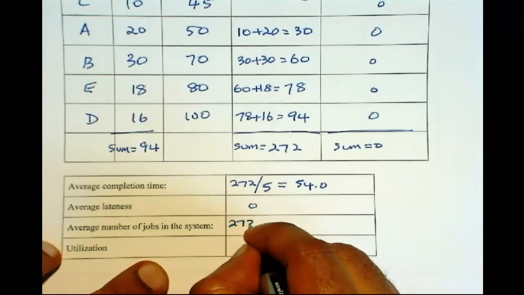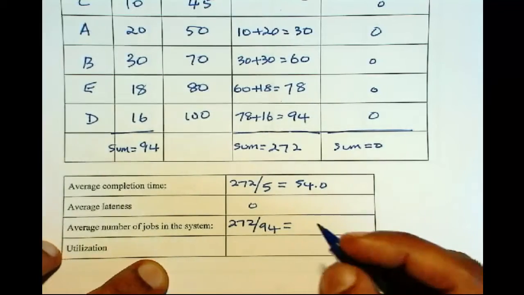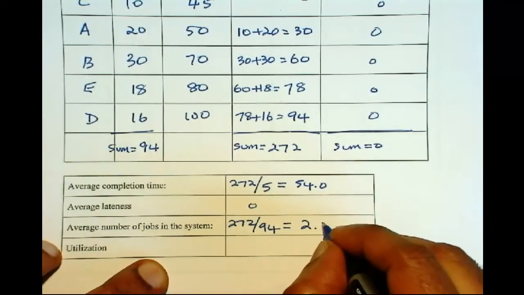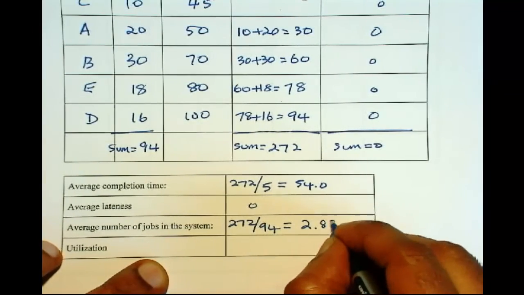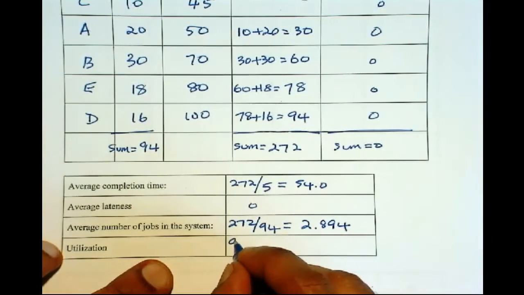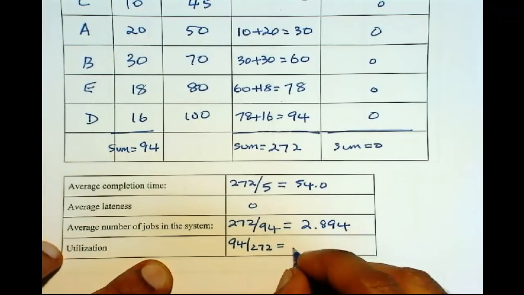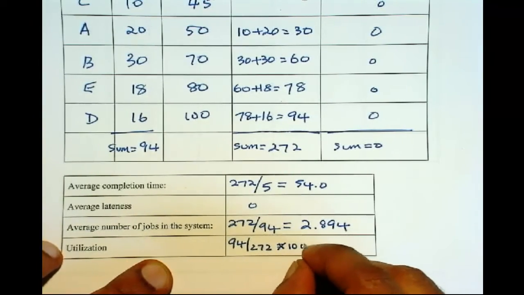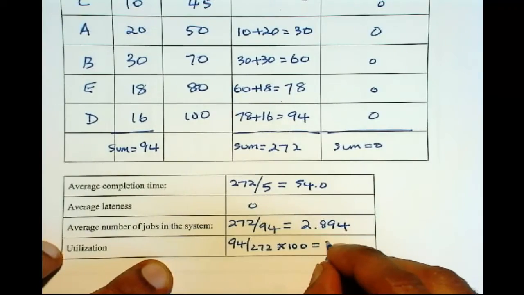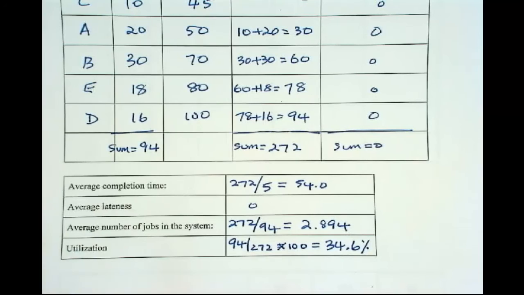So 272 over 94 gives you 2.894. And utilization is the reverse of that, 94 over 272, and you multiply that by 100 to express it as a percentage, which is 34.6%.